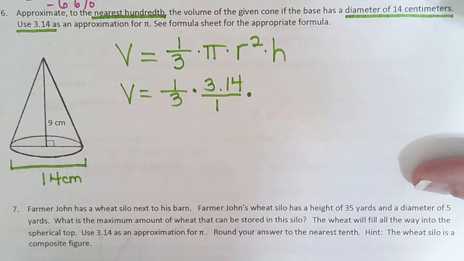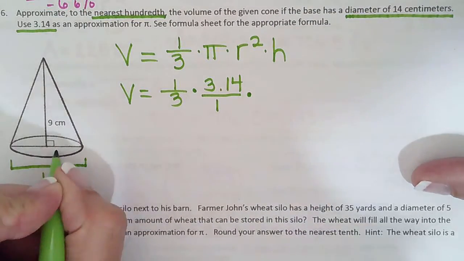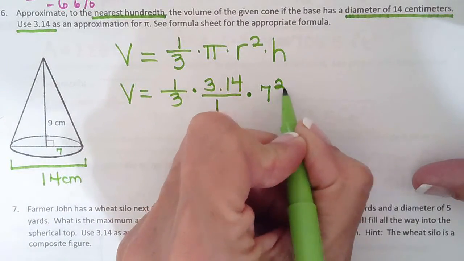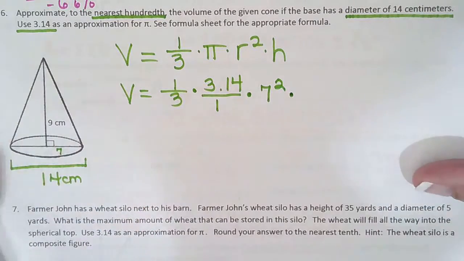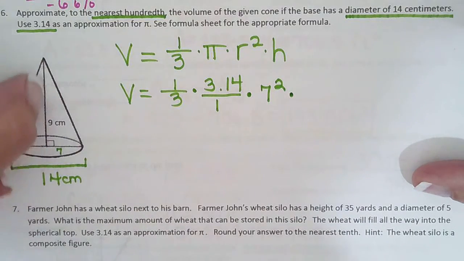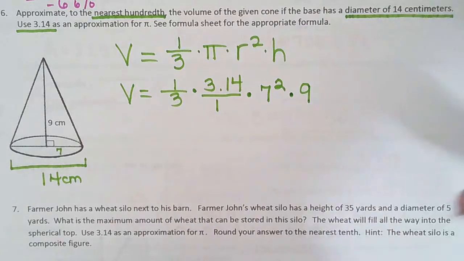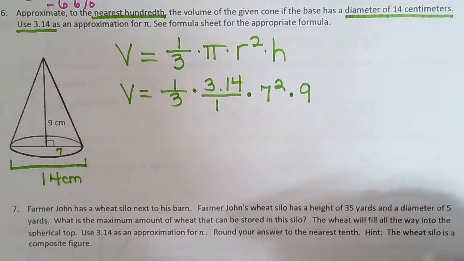So what should I use for the radius? 7. So 7 squared times height is next to the right angle segment, as I told you, so that would be times 9. So let's go ahead and practice on our calculator.